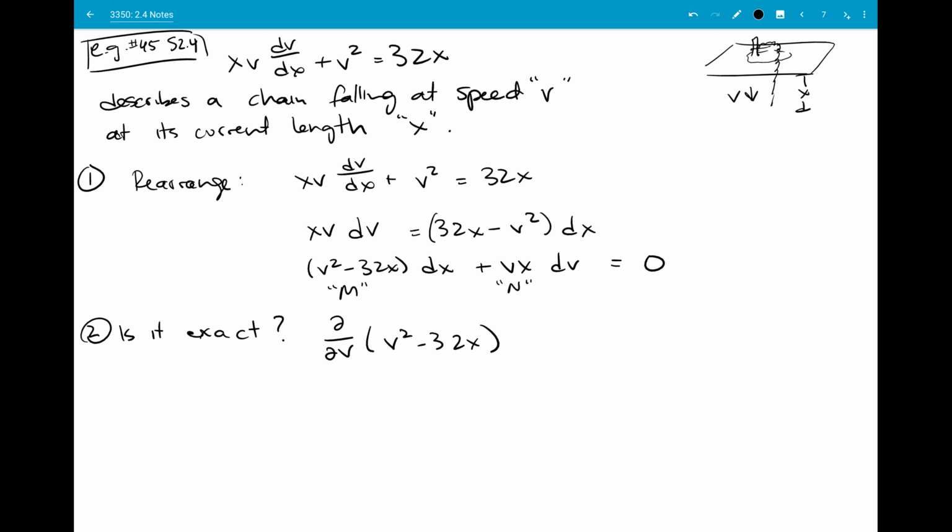But conveniently, the thing that I call x didn't change. So the derivative with respect to v of v squared minus 32x, that's just 2v. And then I check the derivative with respect to x of the thing attached to dv. So that's just going to be vx. The derivative of that with respect to x is v.